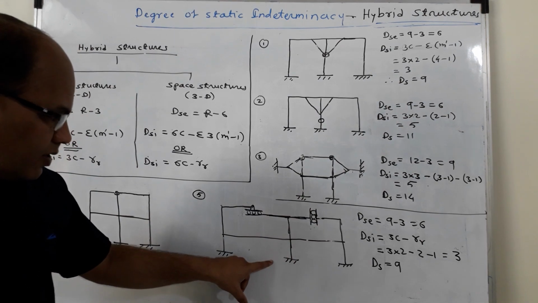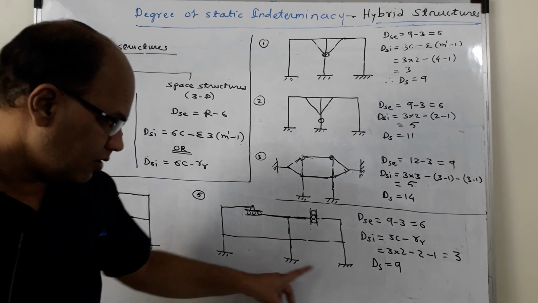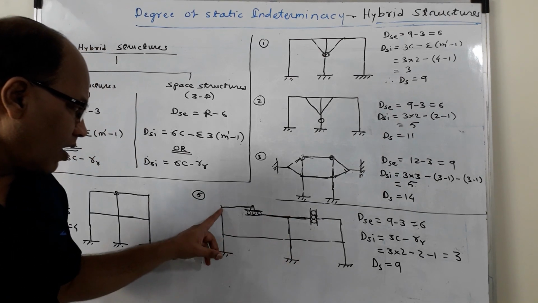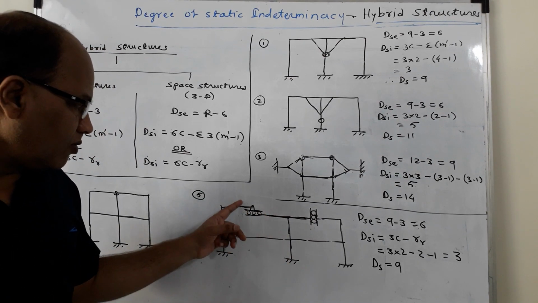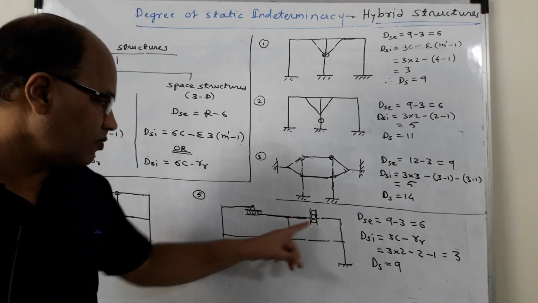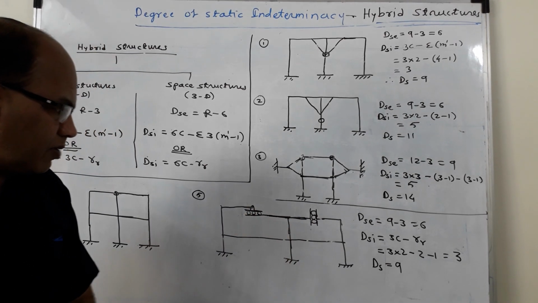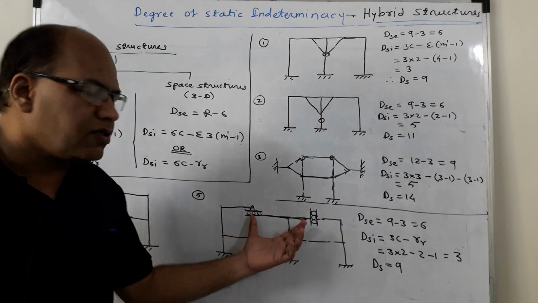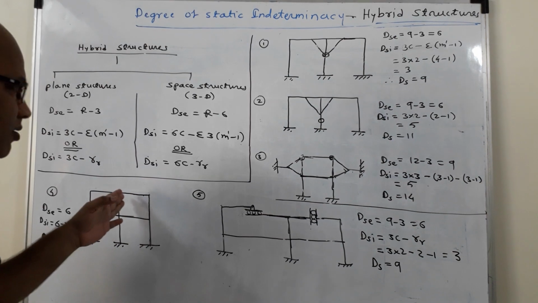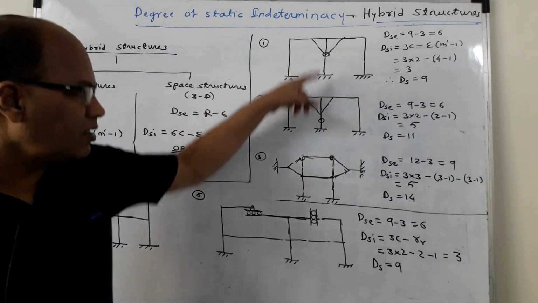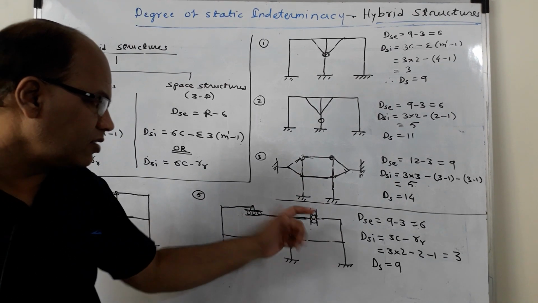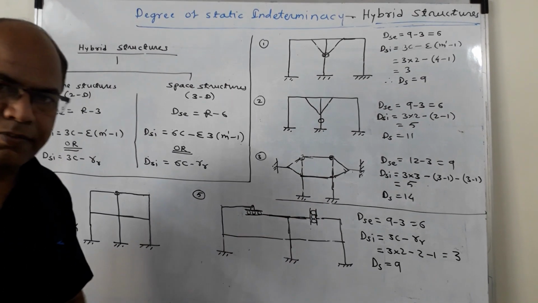It is also a hybrid structure because you can see that there are these fixed supports, there are these rigid joints, and the members are resting over one another by means of such supports. So these are the supports which are provided in between the members. Now it is also a hybrid type of structure. So all these cases are the cases of the hybrid structures in which internal hinges are there. Now it is also a hybrid structure in which these types of provisions are made.